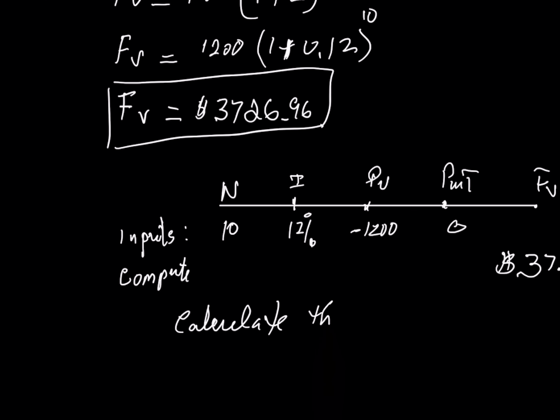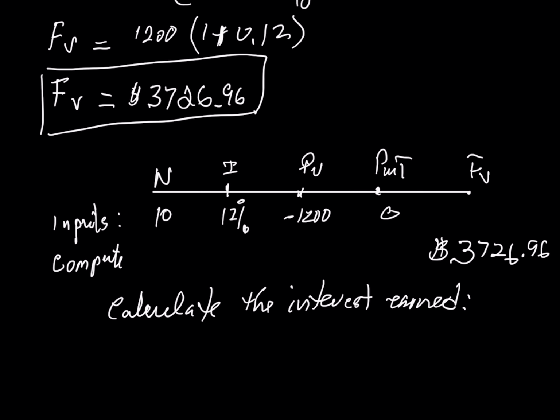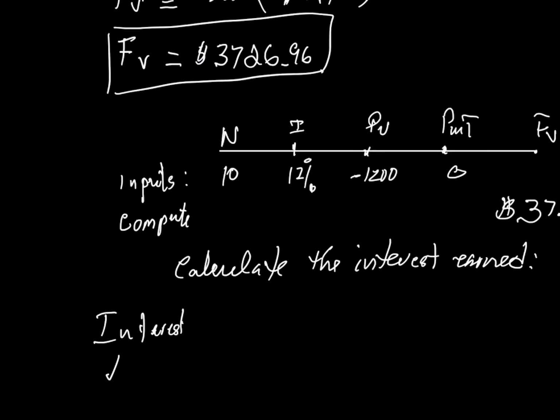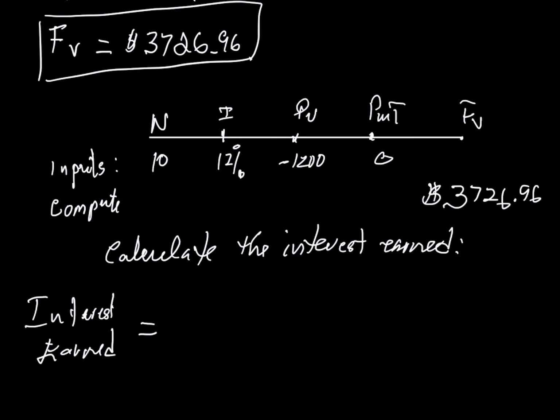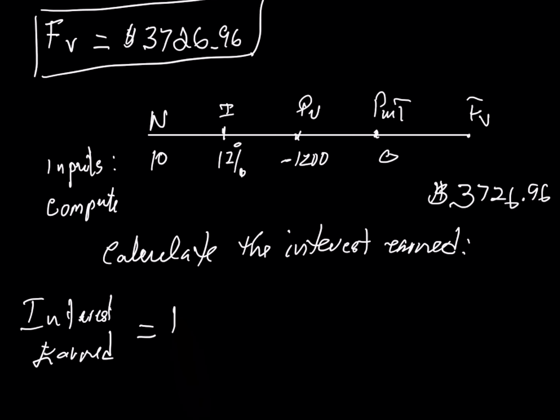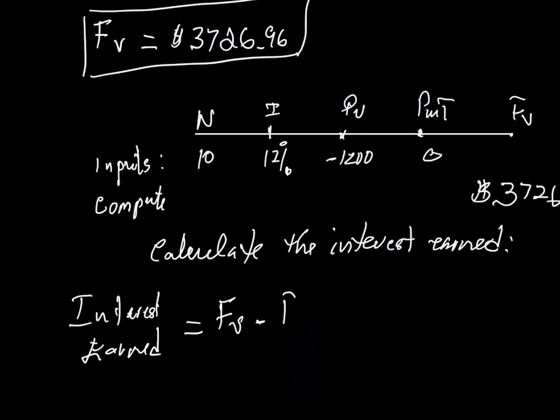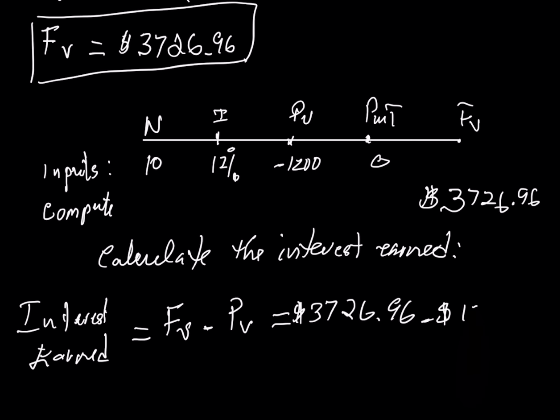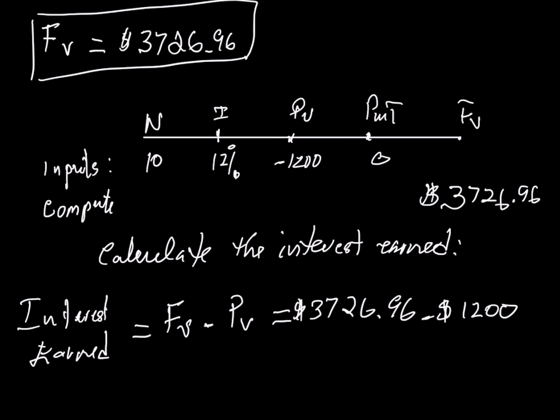Now let's calculate the interest earned. The interest earned equals the future value minus the present value. That will be $3,726.96 minus $1,200.